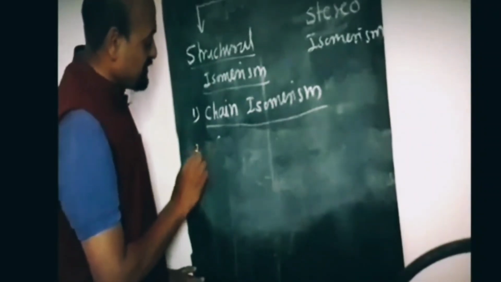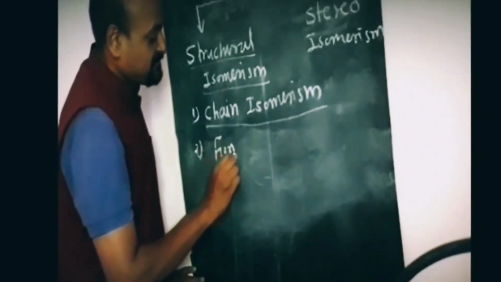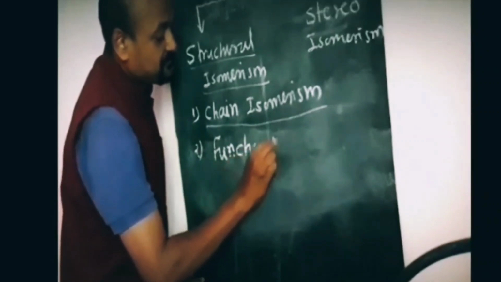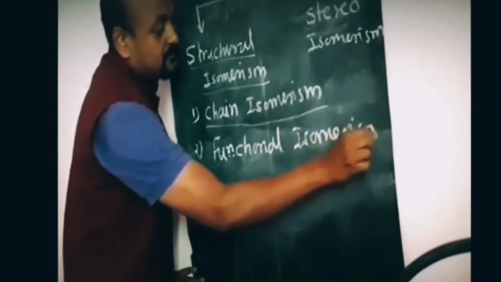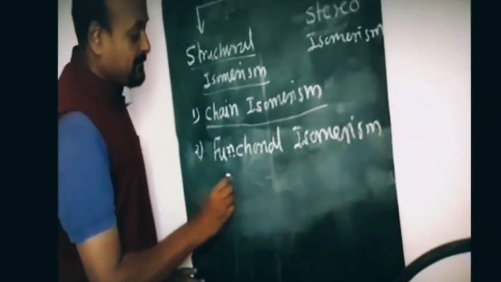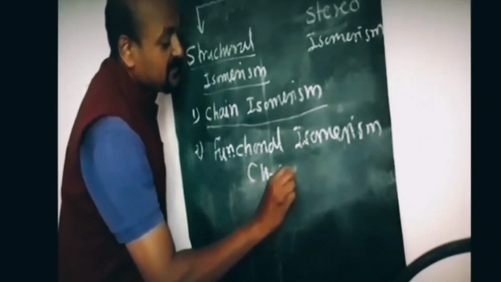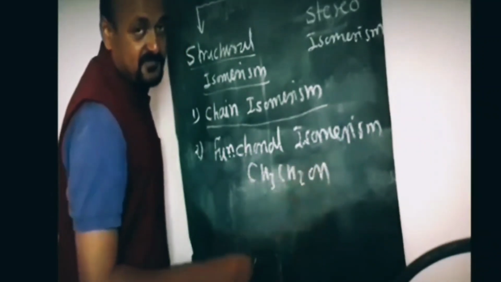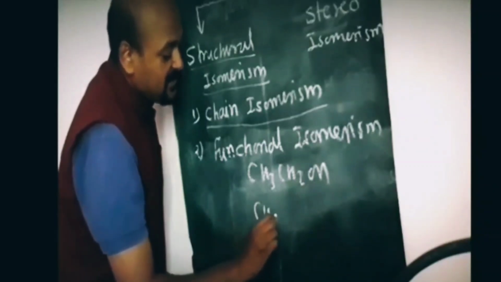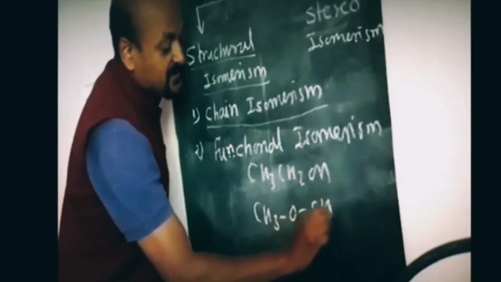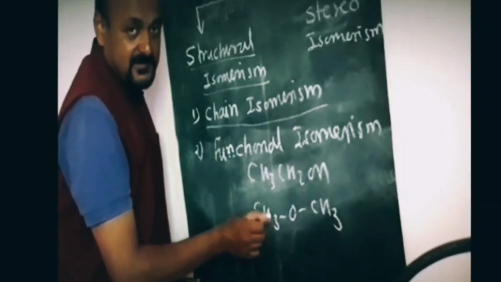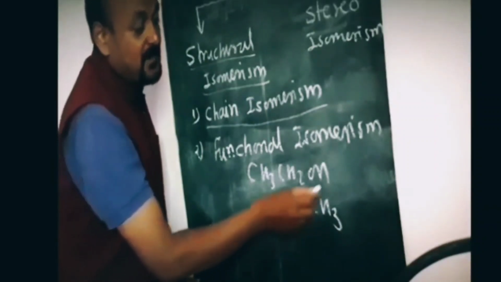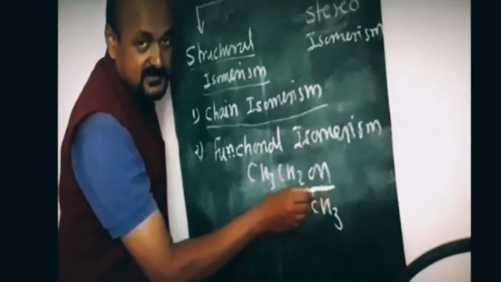Now second one is a functional isomer. Very first example we take, that is CH3CH2OH and CH3OCH3. So here you see compounds having same molecular formula but different functional groups.